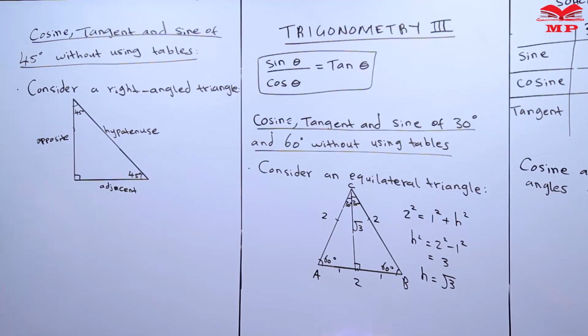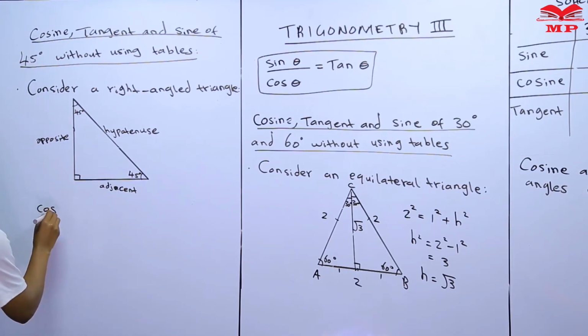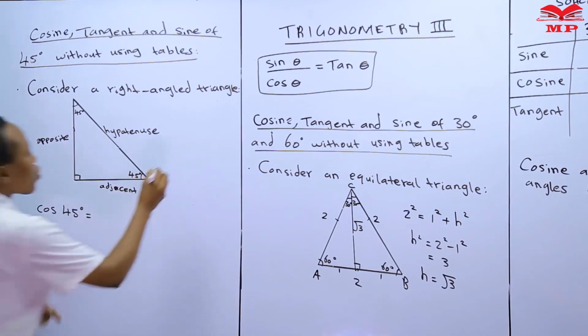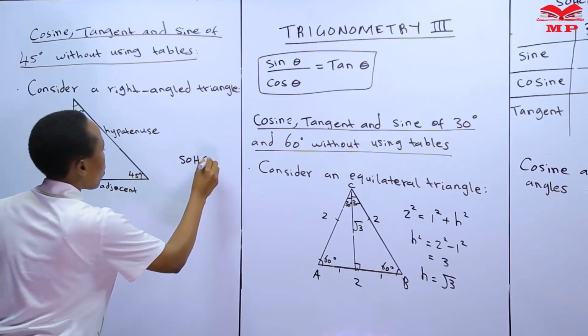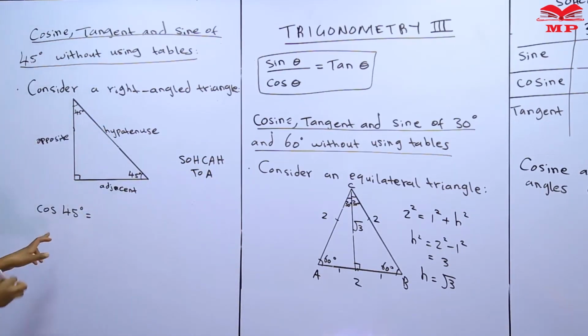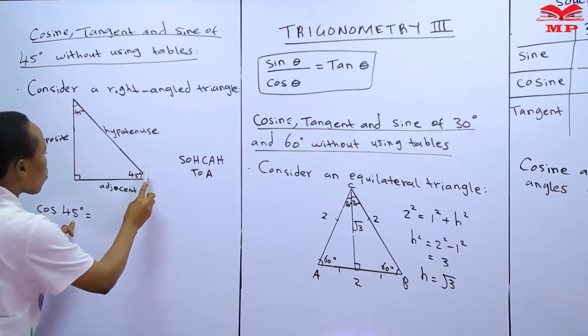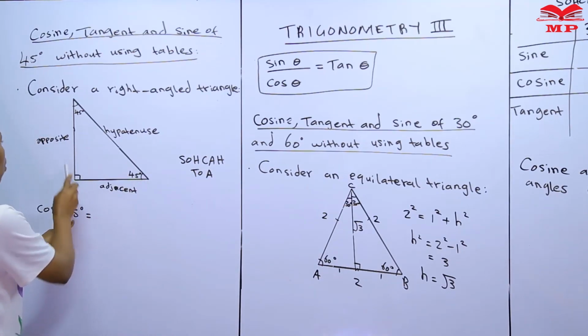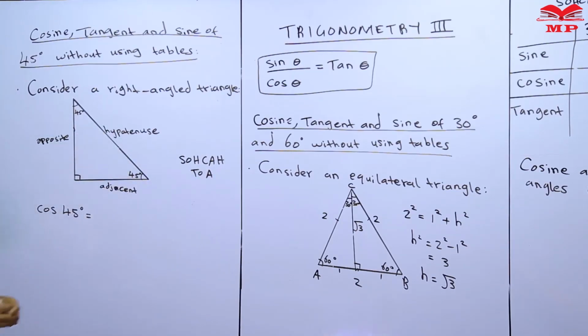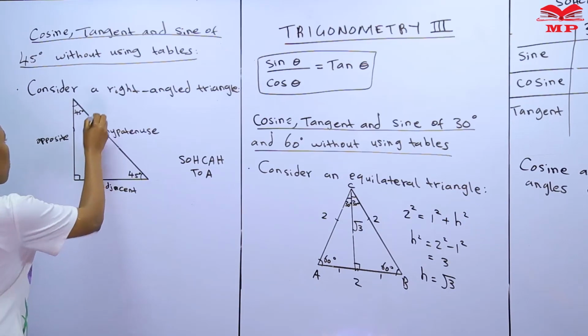Now we start with the cosine, cos 45 degrees. From SOHCAHTOA, cos 45 is equal to adjacent all over the hypotenuse. In this triangle, we consider every side to be 1.